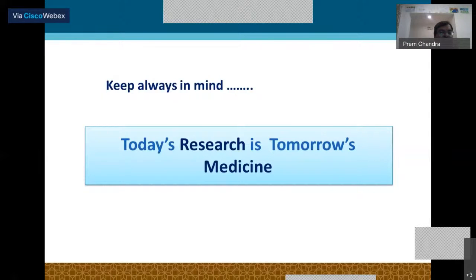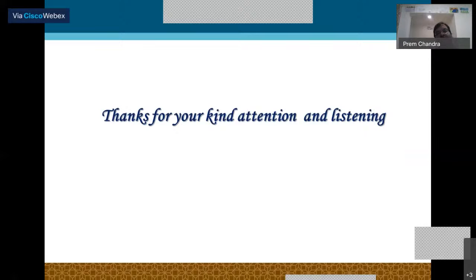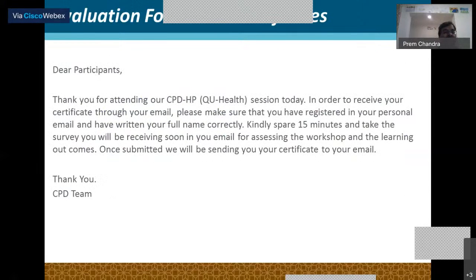So make sure you have all the steps in place: a good plan, a good design, good methodological steps. That will definitely lead to good quality data, good research outcomes, publication, and evidence that will really affect patients' quality of life. This is exactly the main aim of doing good quality research, not only RCTs, but observational studies too. Thank you for your kind attention and listening.